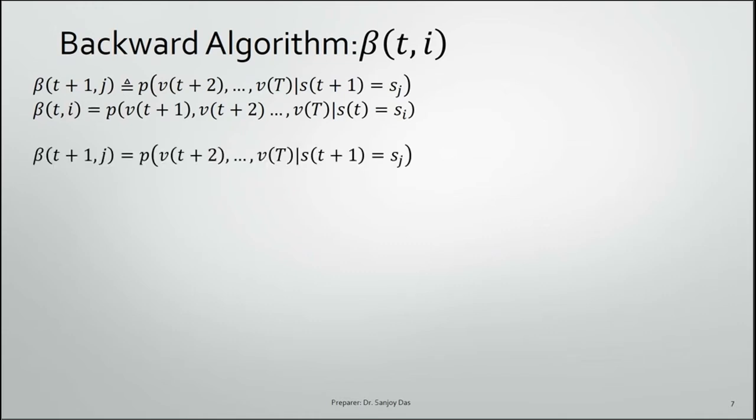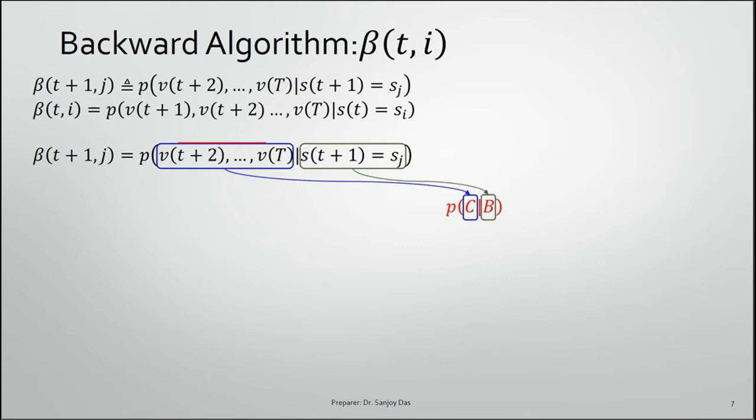So beta_{t+1}(j) is the probability of V_{t+2} to V_T given S_{t+1} equals S_j. This is of this form, probability of C given B, where C is V_{t+2} to V_T and B is S_{t+1} equals S_j.